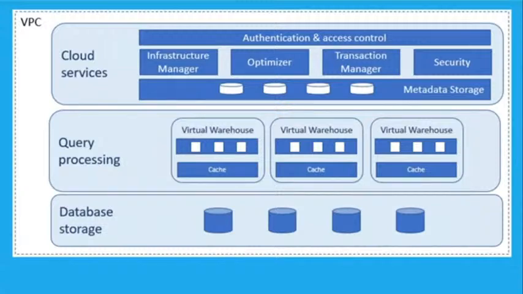I recommend you make some running notes also. I will share this content after the session ends. This query processing layer is a hardware component called a virtual compute warehouse.